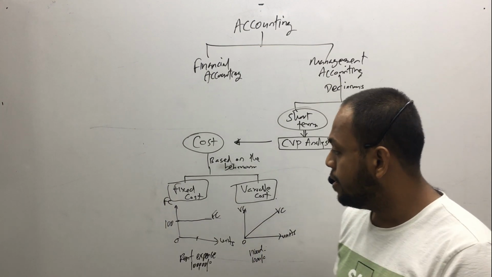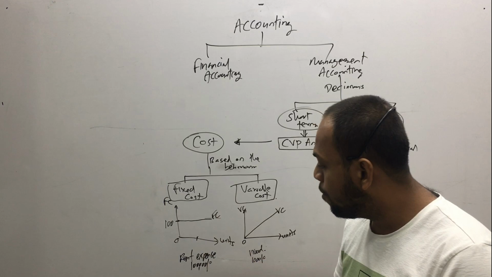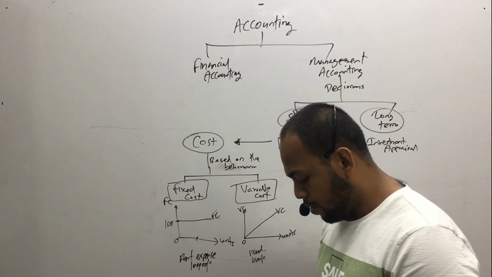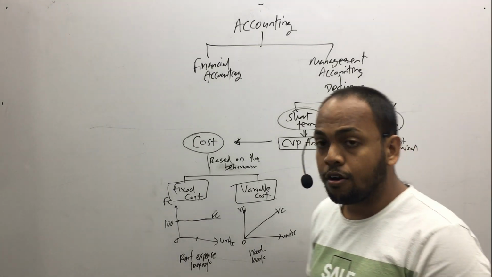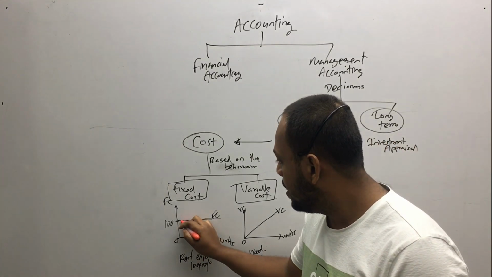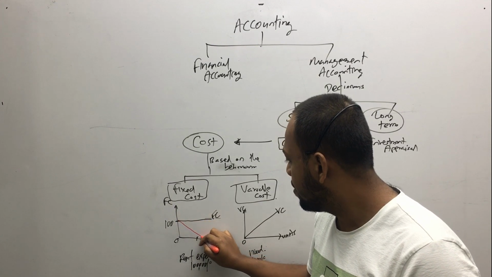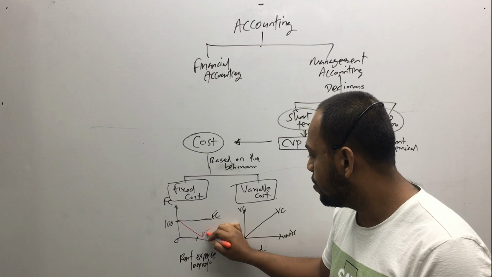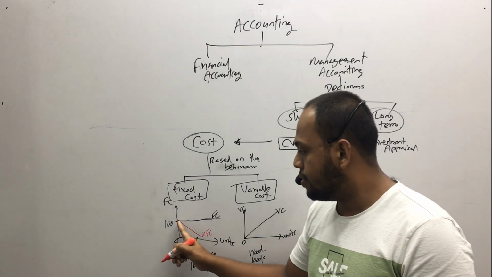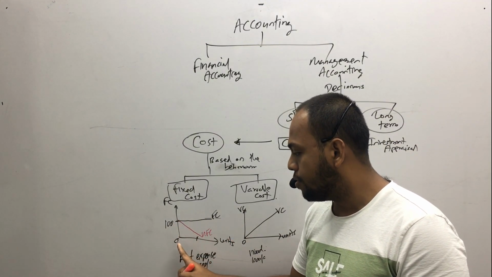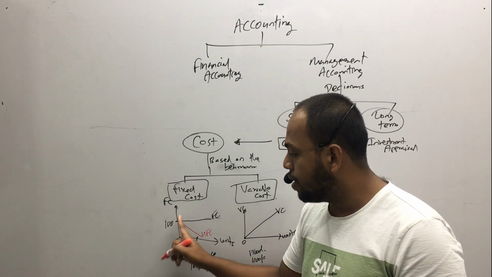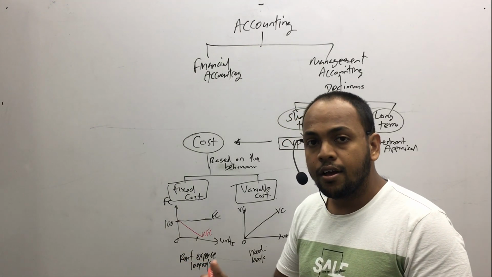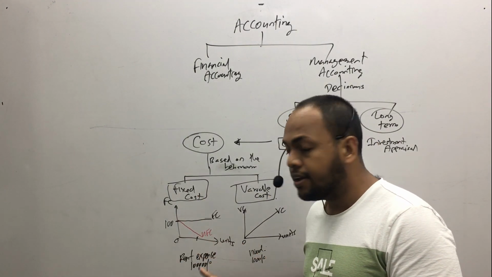If you take unit cost, if you draw the curve, unit fixed cost will decrease. Let's say 100,000, 0 units, unit fixed cost will be 100,000. If the units increase, the unit fixed cost will decrease.